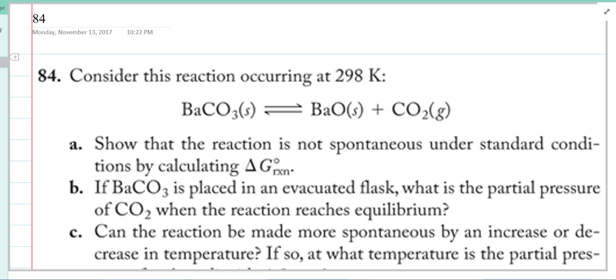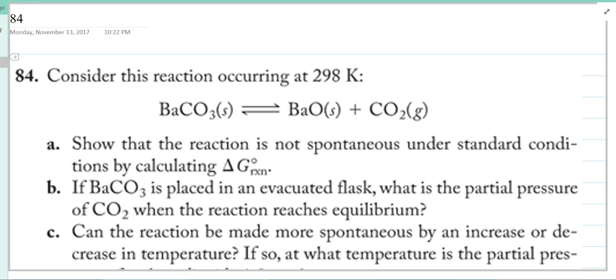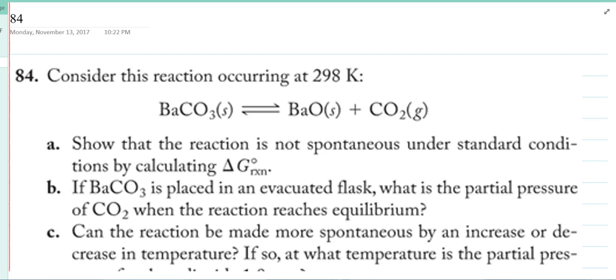84. 84 is a big one. Barium carbonate going to barium oxide and carbon dioxide gas. Show that the reaction is non-spontaneous under standard conditions by calculating delta G standard. Well, I'm not given anything, so I'm probably going to have to look up the standard free energies of formation.